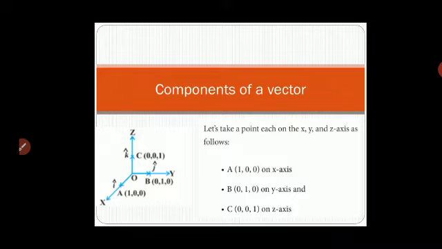Now let us come to the components of a vector. In three-dimensional geometry as shown in the figure, let us take points on the x, y and z axis as follows: A (1, 0, 0) on the x axis, B (0, 1, 0) on the y axis and C (0, 0, 1) on the z axis.